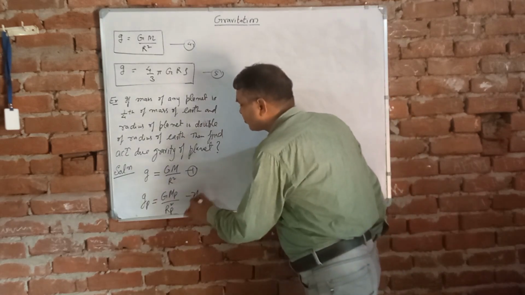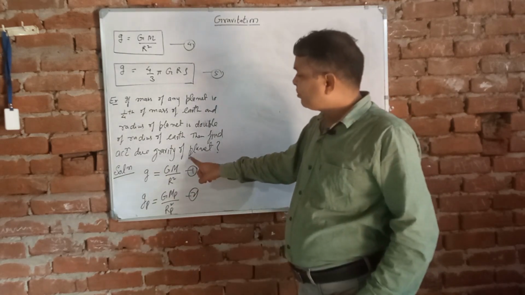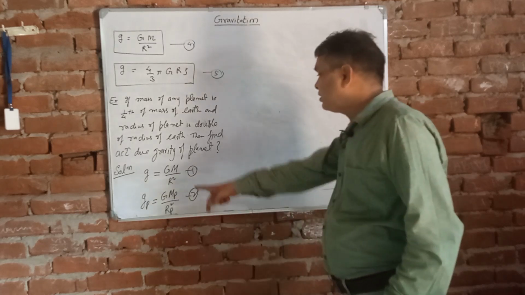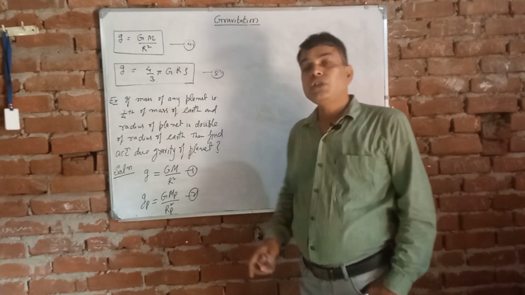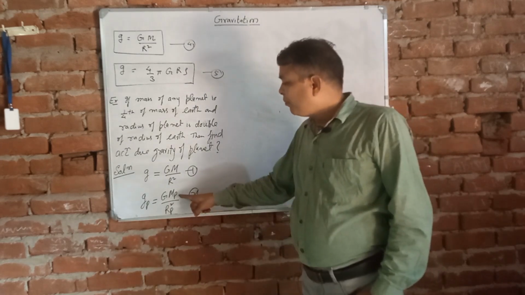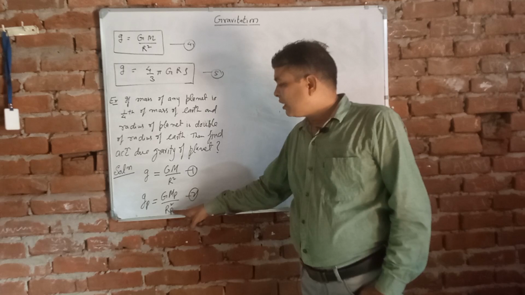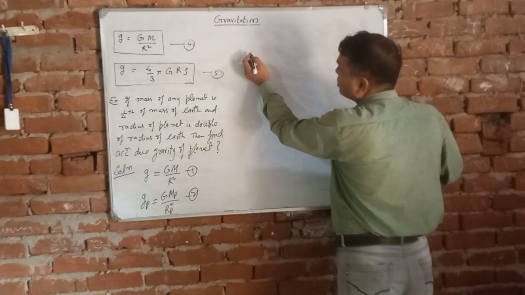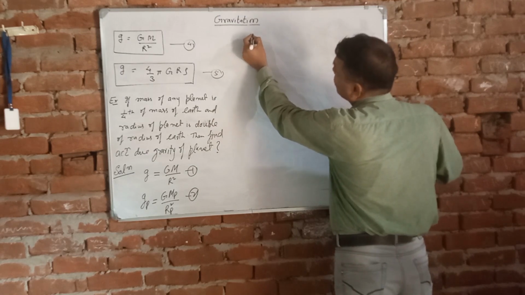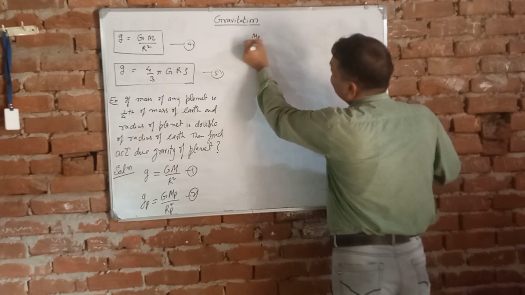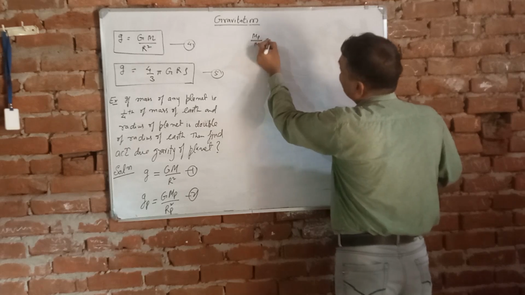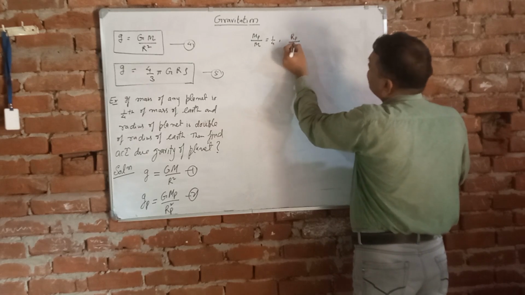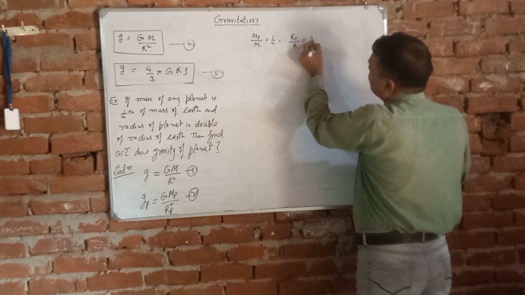Here M is the mass of the earth and r is the radius of the earth. In this case, what is gp? gp is the acceleration due to gravity of the planet, mp is the mass of the planet, and rp is the radius of the planet. According to the question, mp by M equal to 1 by 4 and rp by r equal to 2.